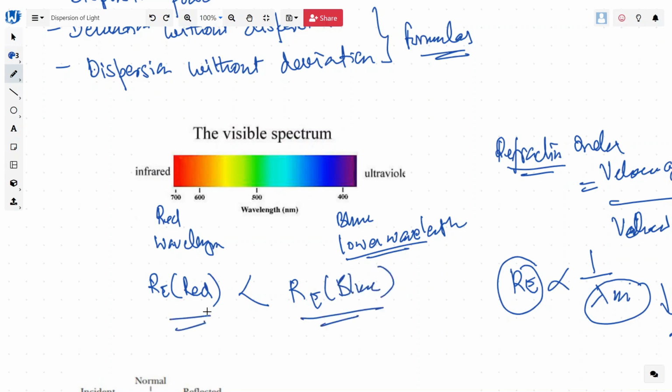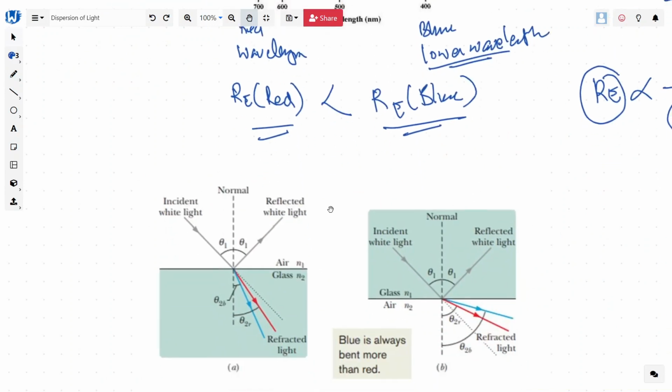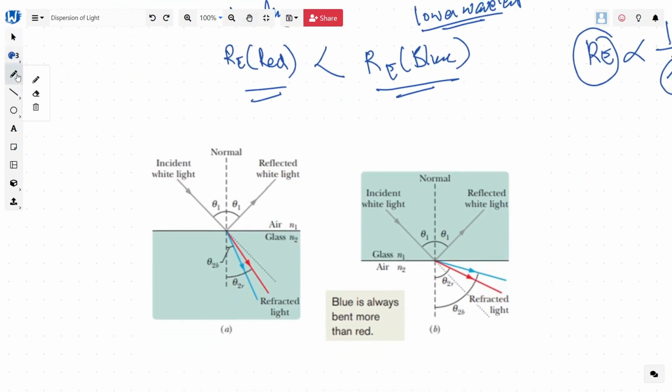Now when we look at the refraction, we know that if we have a higher refractive index, that ray is going to bend more. So suppose a ray of light is coming from air to the glass, and here the refractive index for the blue is n_b, and refractive index for the red is n_r, right?